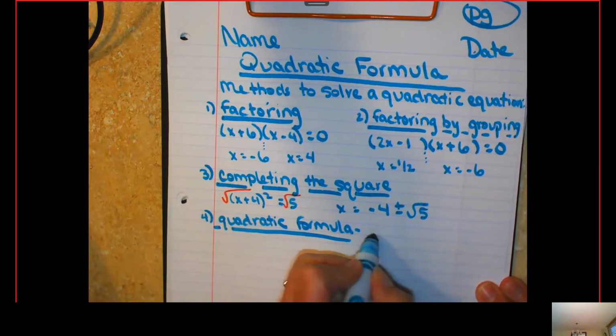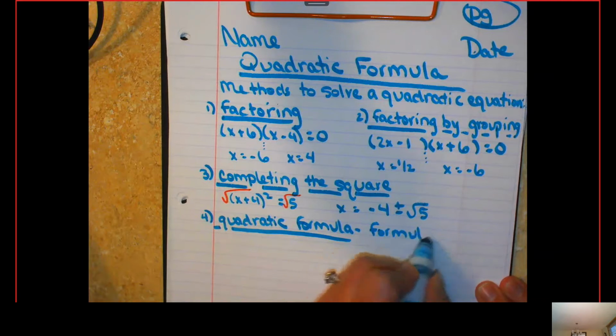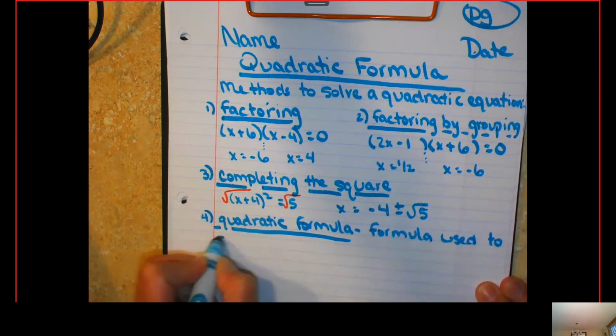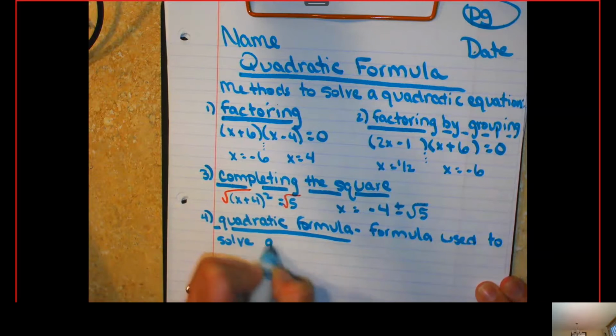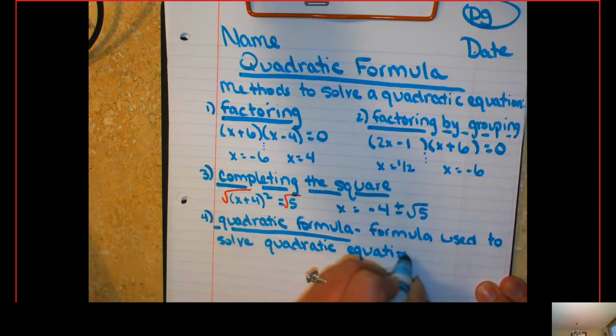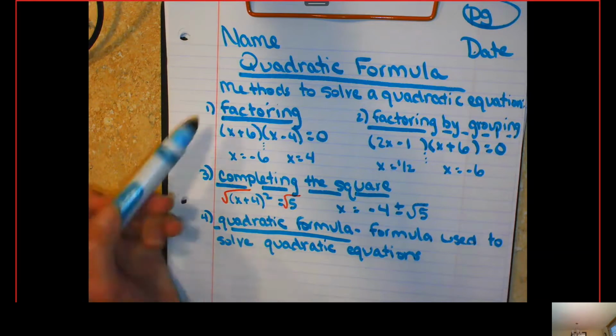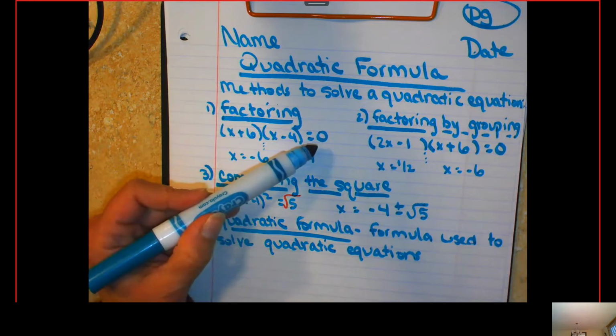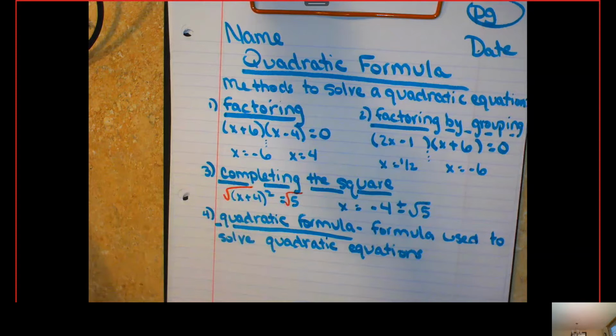Can you write formula used to solve quadratic equations? And it's really important on this that you want to get the equation equal to 0, because you always want to start with it to see if you could factor it or if you'd have to complete the square.